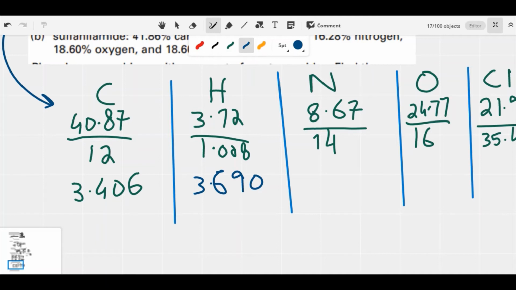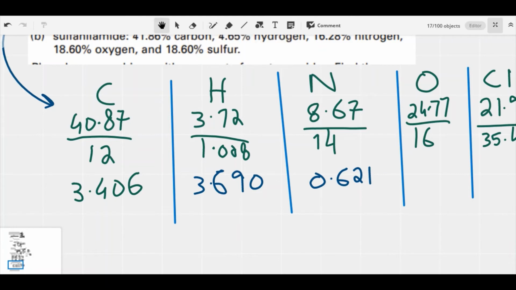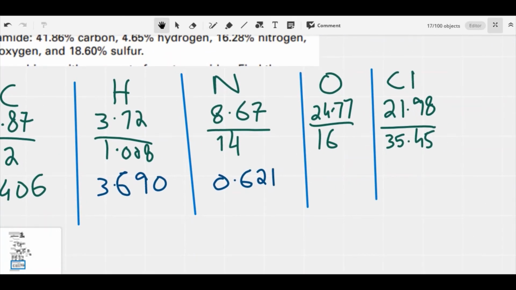The next, 8.7 divided by 14, gives 0.621. For oxygen, 24.77 divided by 16 gives 1.548. And the last one, 21.98 divided by 35.45, gives 0.621.